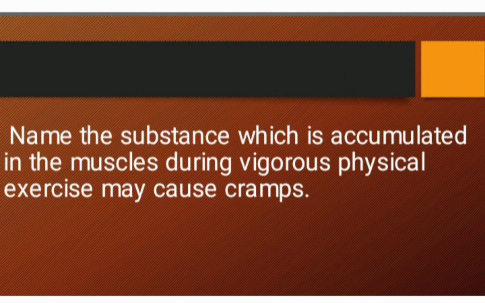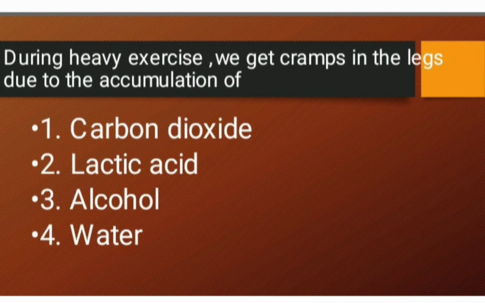Name the substance which is accumulated in the muscles during vigorous physical exercise. Can you tell me, during muscle cramps, what is the substance which is accumulated in the muscles? Yes, it is lactic acid.